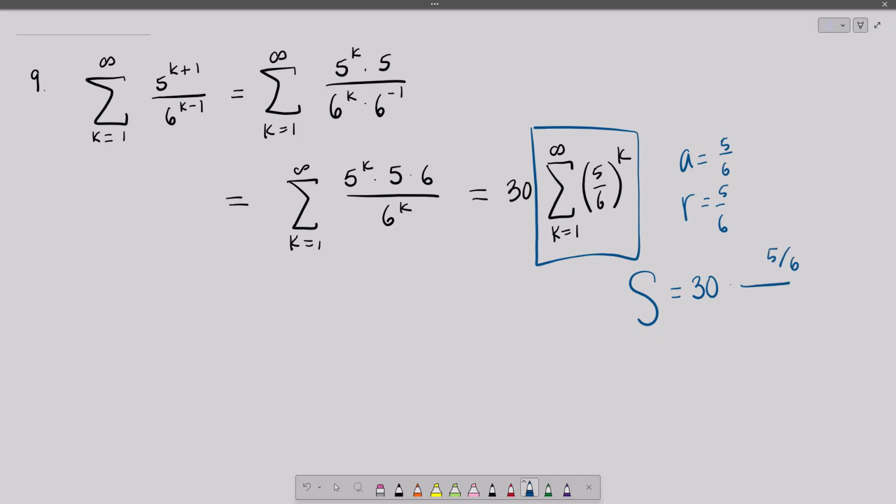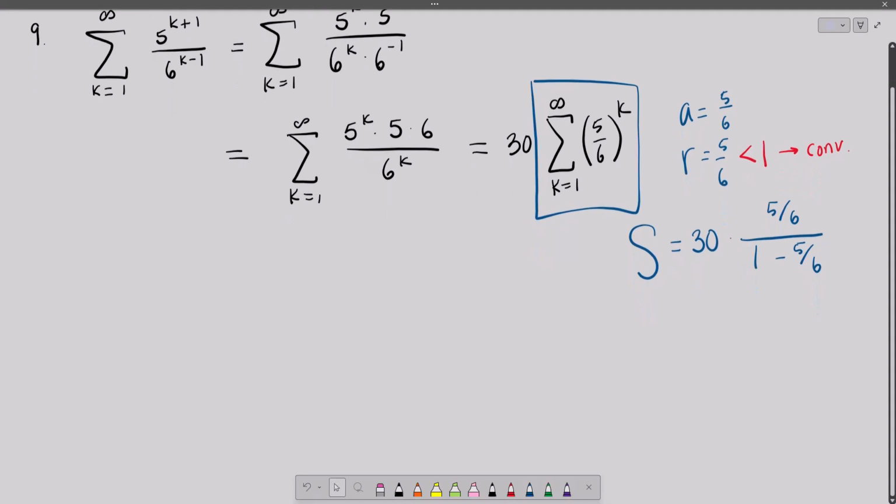So then, R is less than 1, and great point. This R value is less than 1, therefore we have convergence. So it makes sense to go to this step. If that R value were not less than 1, it makes no sense to go to this S value. Even though technically you can compute A divided by 1 minus R, because every geometric series has an A and an R, it only makes sense if the series actually converges.